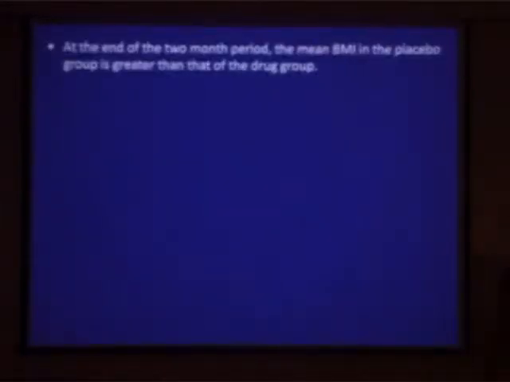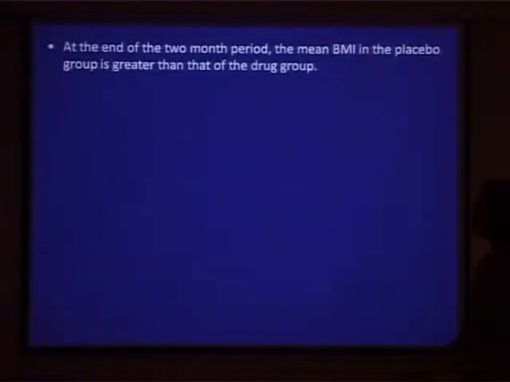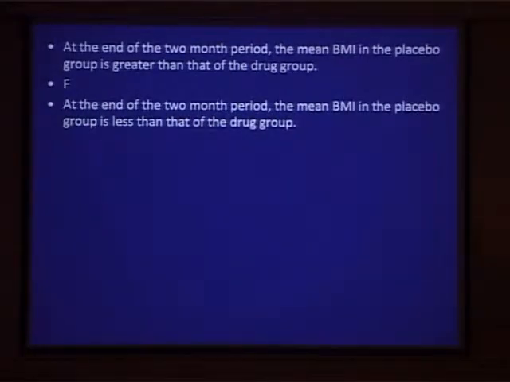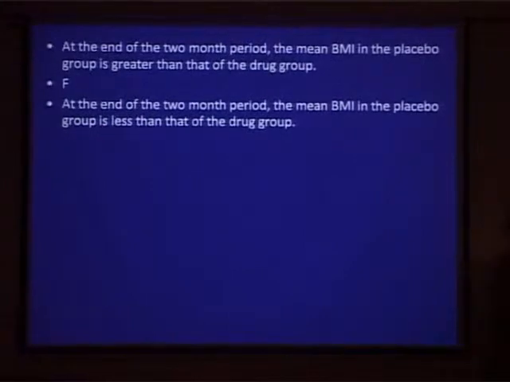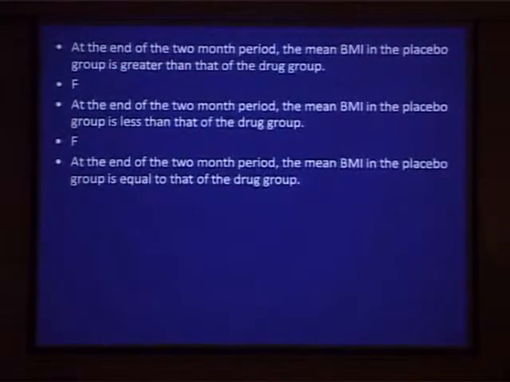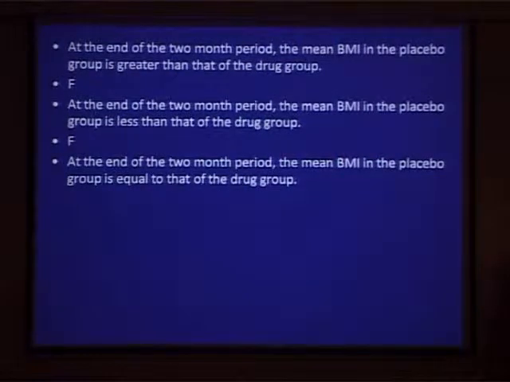At the end of the 2-month period, the mean BMI is greater in the placebo versus the drug group. True or false? False. At the end of the 2-month period, the mean BMI in the placebo is less than the study group? At the end of the 2-month period, the mean BMI is equal.